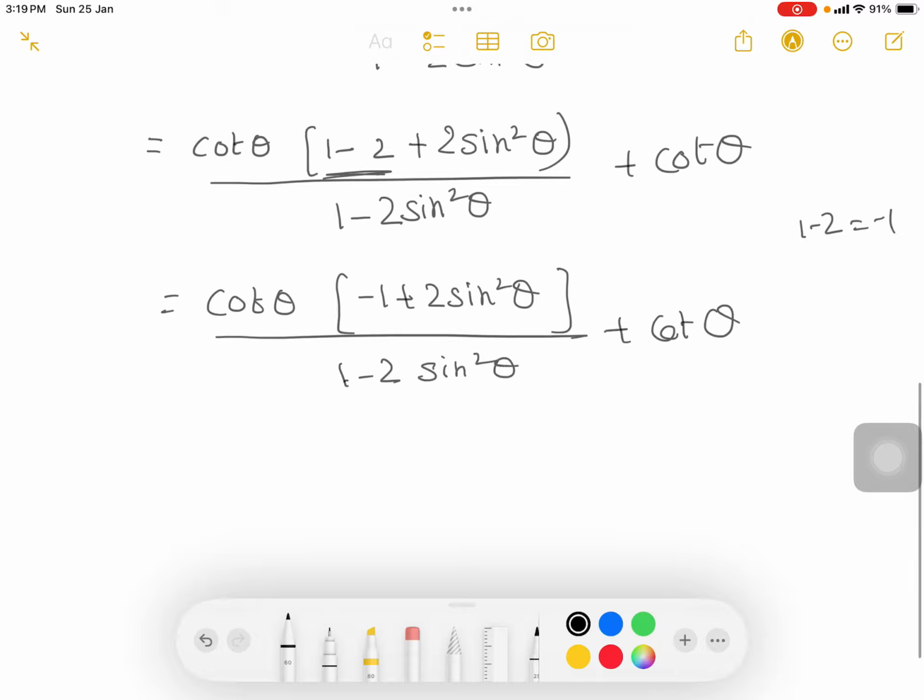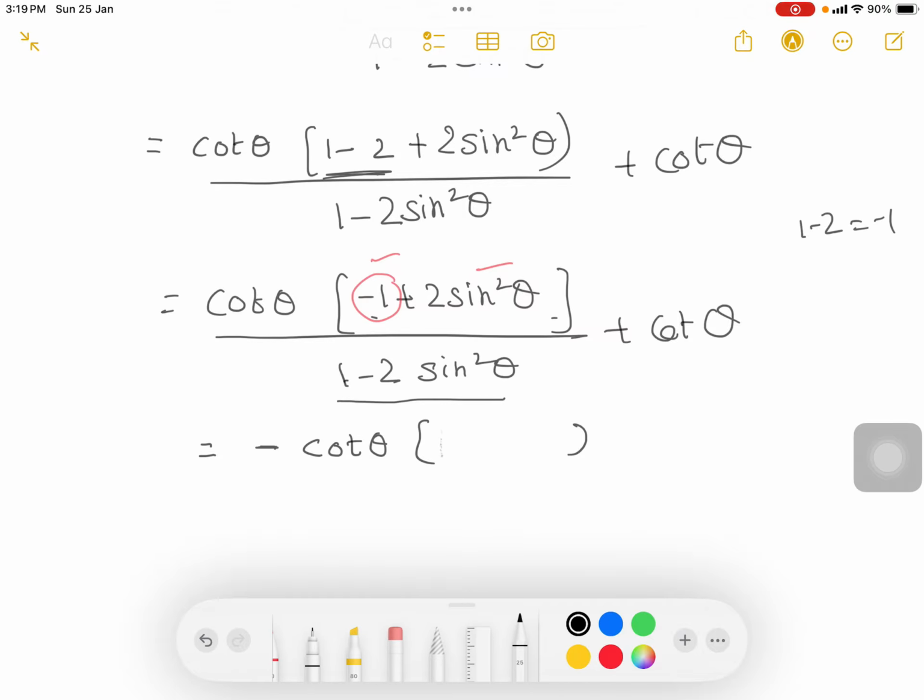Now see, here it is minus 1 plus 2 sin square theta. In the denominator we have 1 minus 2 sin square theta. It means from the numerator if I take minus sign common, I am taking minus sign common from these two terms. If I take minus common, what is left here? Here we are left with plus 1.